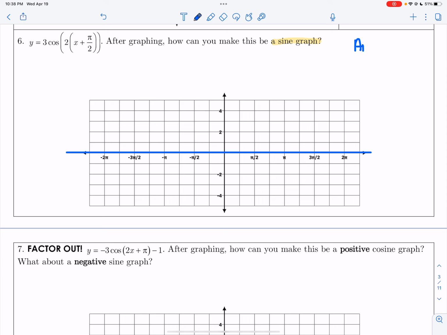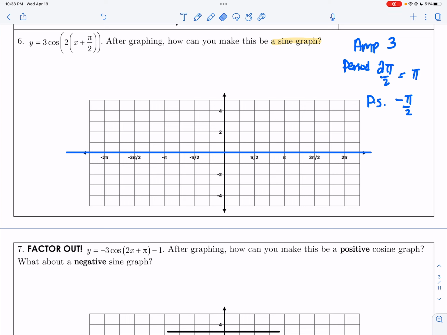Your amplitude is 3. Your period is 2 pi over 2, which is just pi. You have a phase shift of -pi over 2. And then you don't have a vertical shift, which means that your midline is still at y is equal to 0.